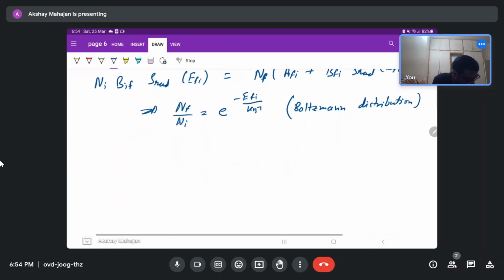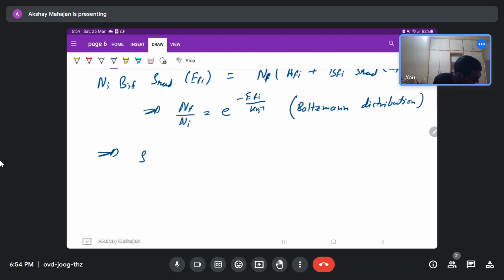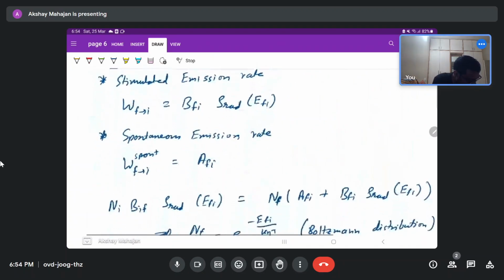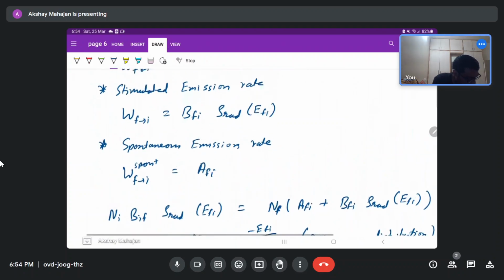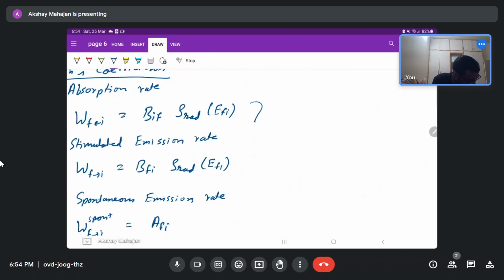Using this we can find rho radiation E_Fi equals A_Fi divided by B_Fi. And here this B_Fi will be equal to B_IF.